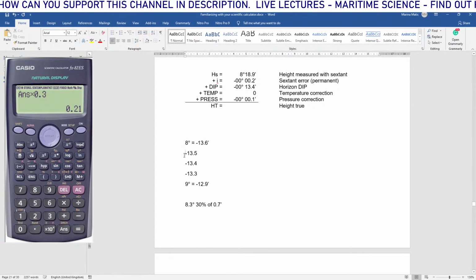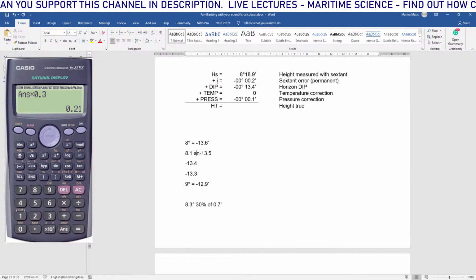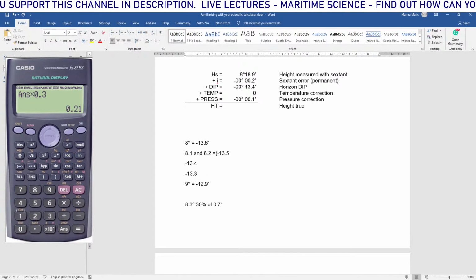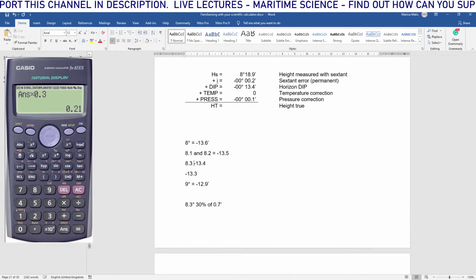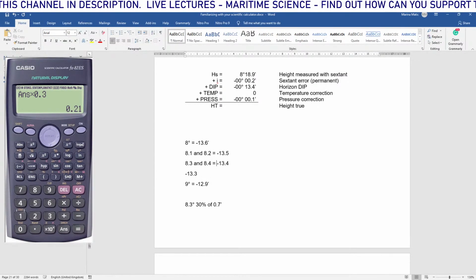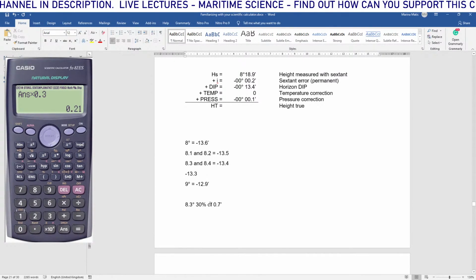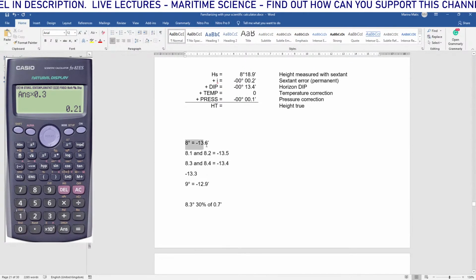So for 8.1 and 8.2 it would be 13.5. For 8.3 and 8.4 correction is 13.4, so by 0.2 smaller than the value here.